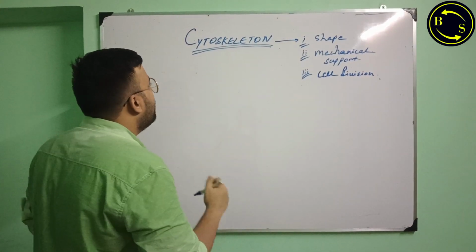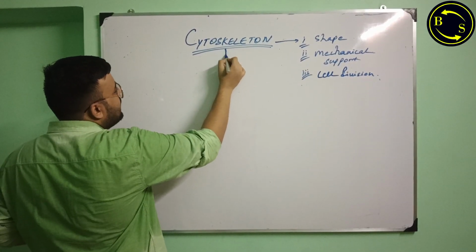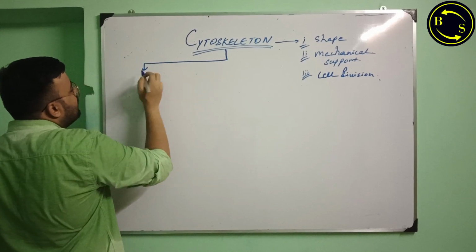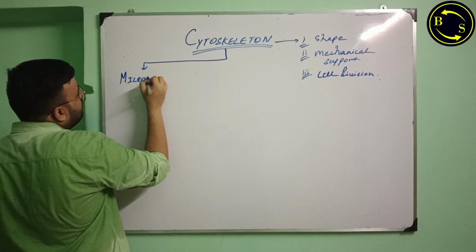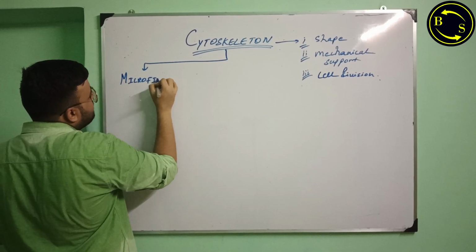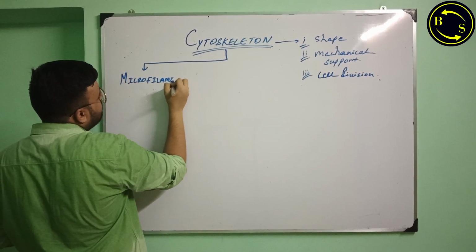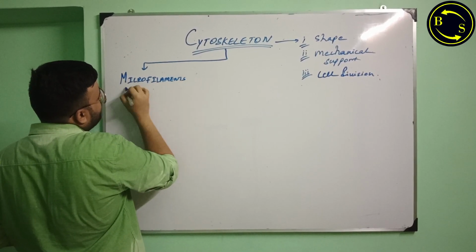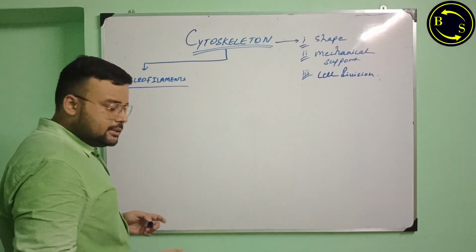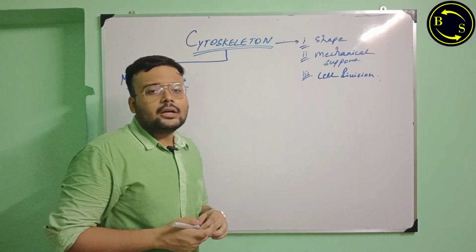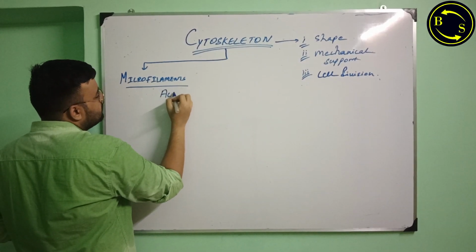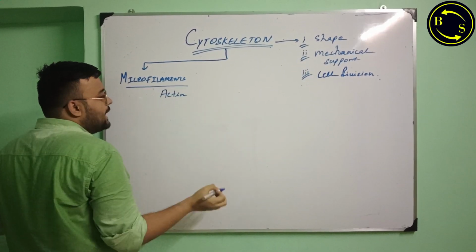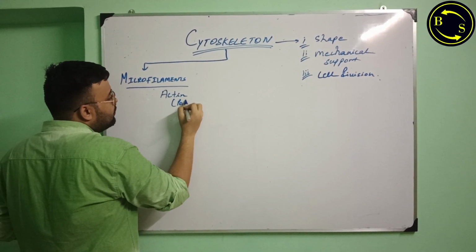The first component of the cytoskeleton is the microfilaments. These microfilaments are made up of a structure known as actin. This actin is a polymer.